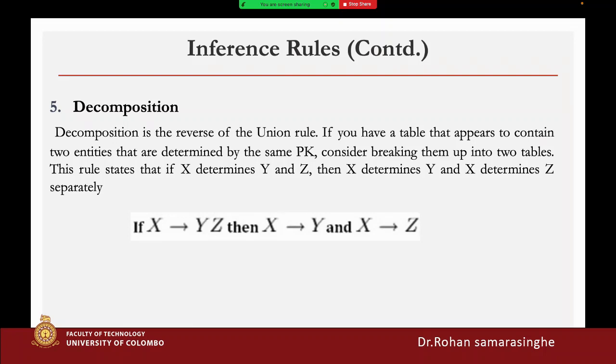If we have a table that appears to contain two entities determined by the same PK, where X determines YZ, X determines Y and X determines Z, consider breaking them into two tables. This rule states that if X determines Y and Z, then X determines Y and X determines Z separately.